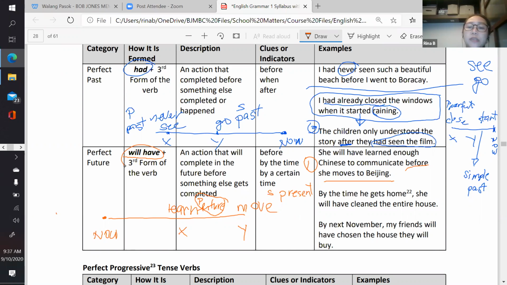Let's see for number 2. What is X and what is Y? So you can write in the chat box X and then the verb, Y and then the verb. Okay.